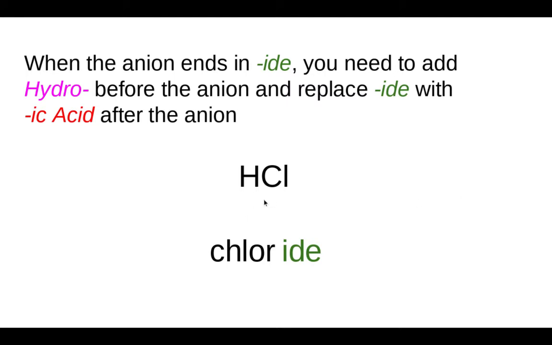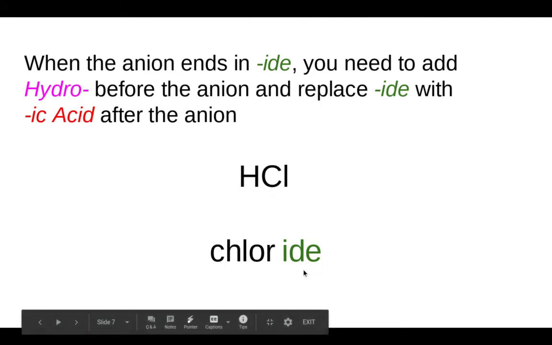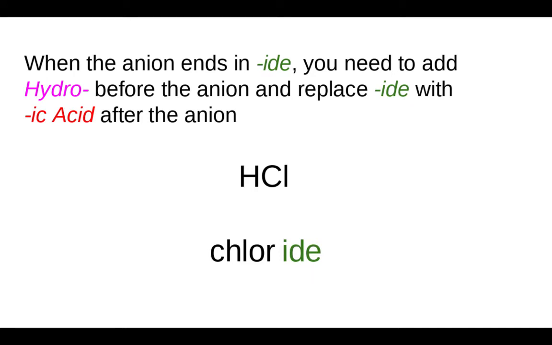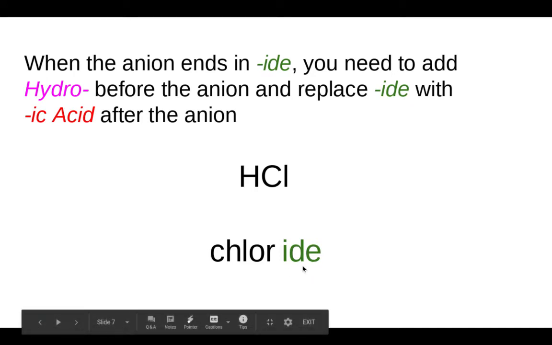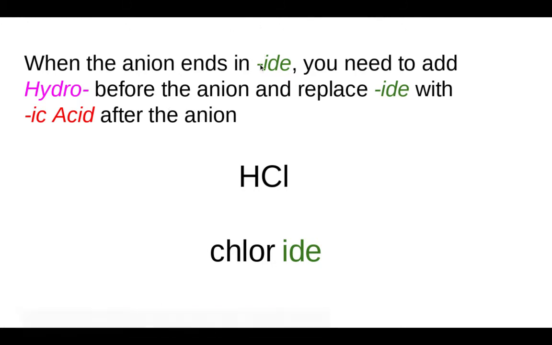So this is HCl. Maybe you know the name of the acid, but what we do know is that Cl is called chloride, okay? In Spanish, that would be cloruro. Now this IDE that we've got here, we need to add hydro before the anion.